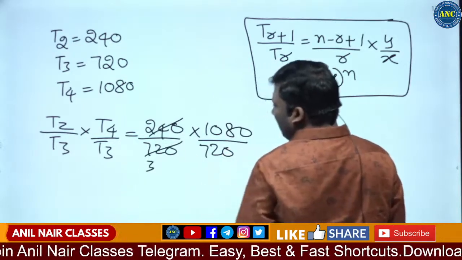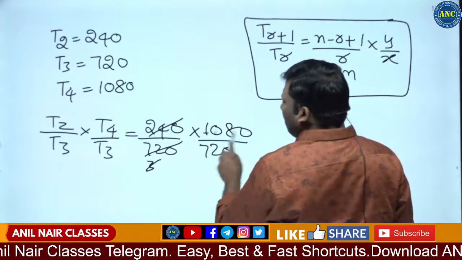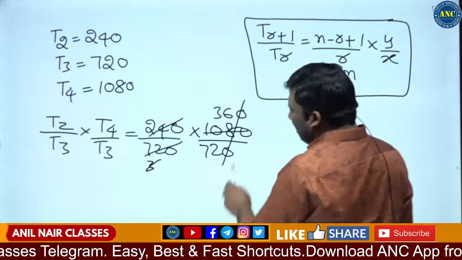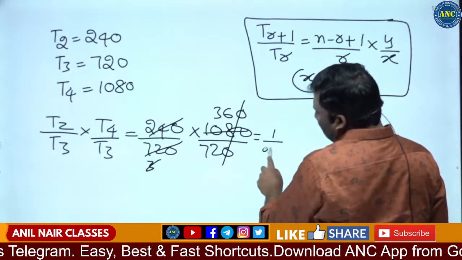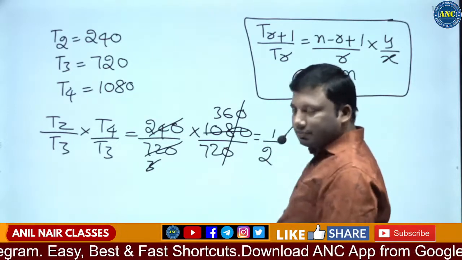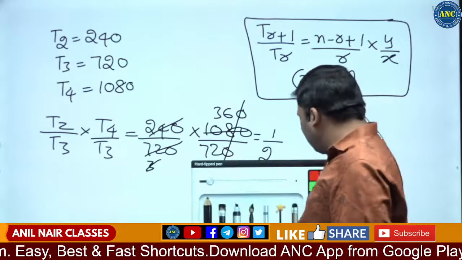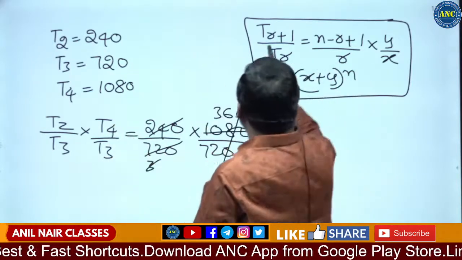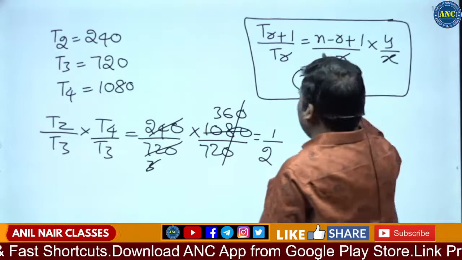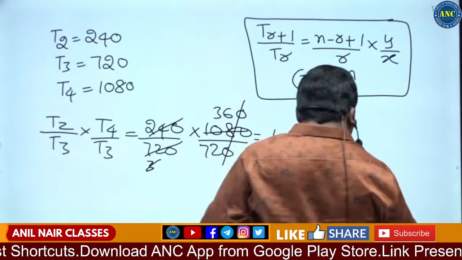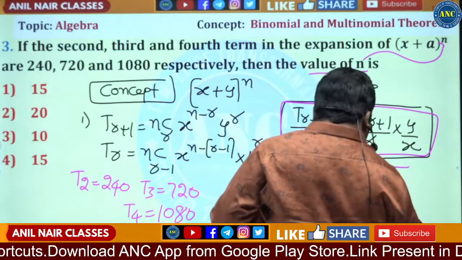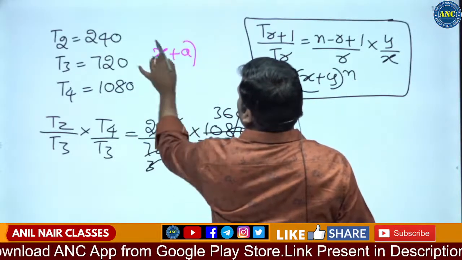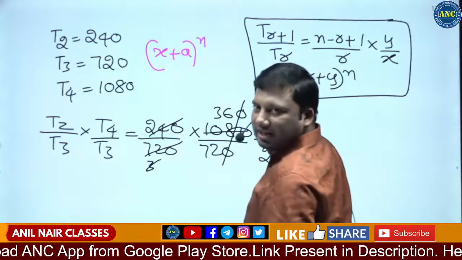Three twos are 720, three sixes are 1080, zeros cancel. So it is 1 by 2 into 3 by 2. For T4 by T3, r value is 3. The expansion is (x plus a) power n, instead of y it is a.